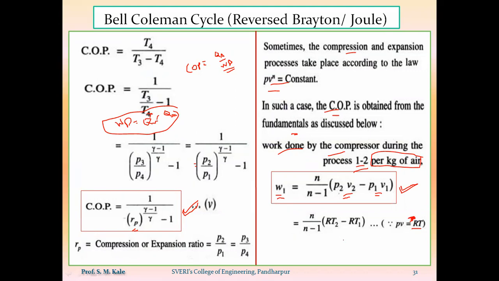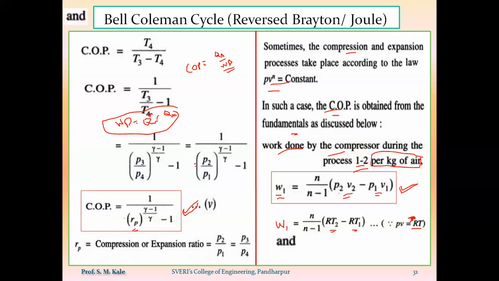So according to this equation, P2 V2 is nothing but R into T2, and P1 V1 is nothing but R into T1. So n upon n minus 1, inside the bracket R T2 minus R T1. This is nothing but the work done on the compressor during the process 1 to 2 per kg of air.